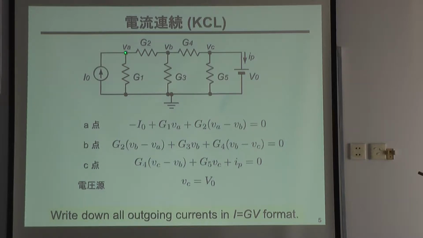And current goes from A to B like here, G2 times (VA minus VB). And at point B, the current goes out like G2 times (VB minus VA), and G3 times VB, and G4 times (VB minus VC).